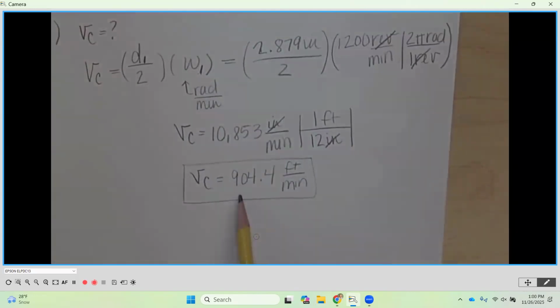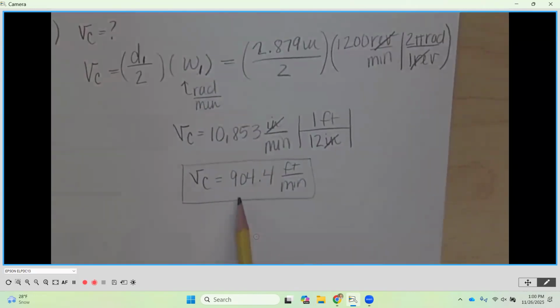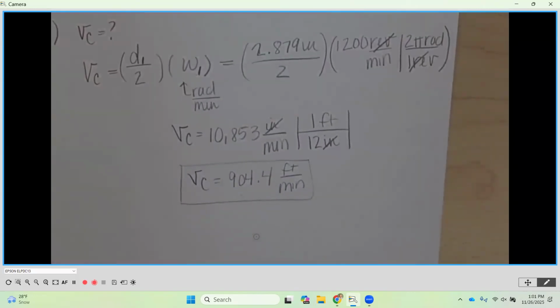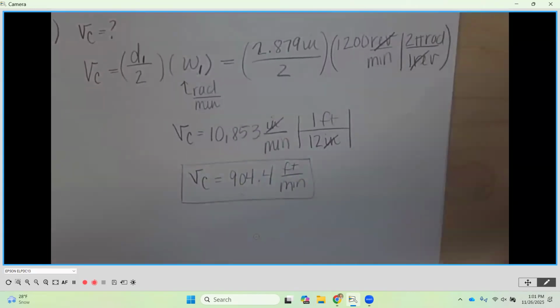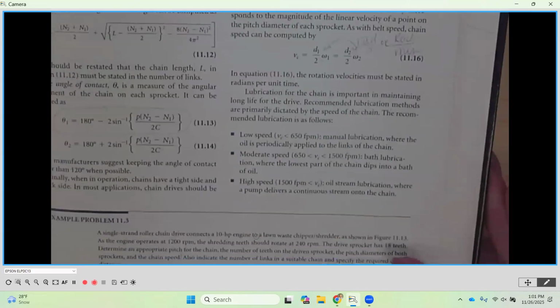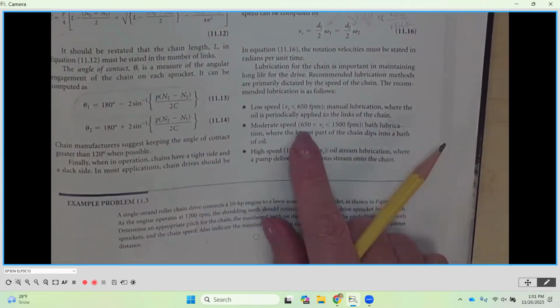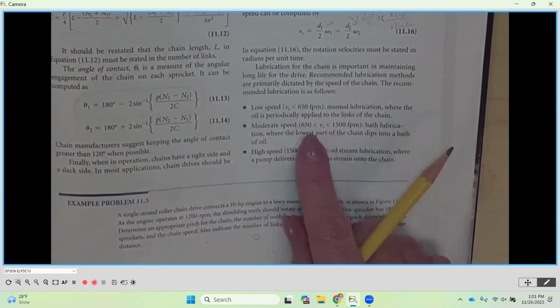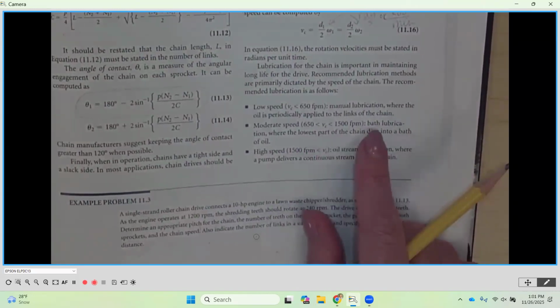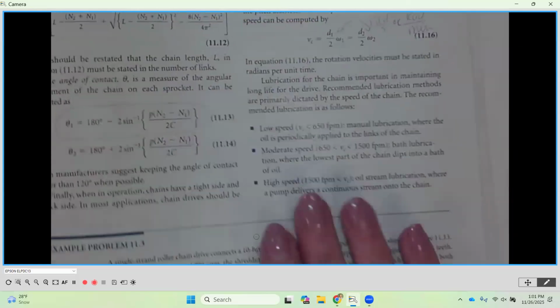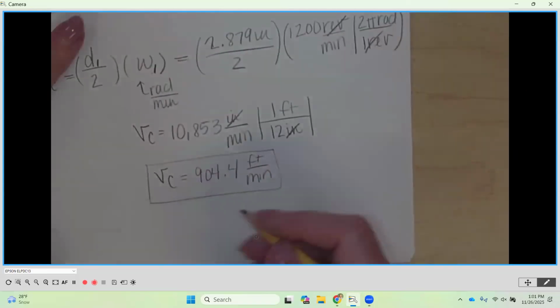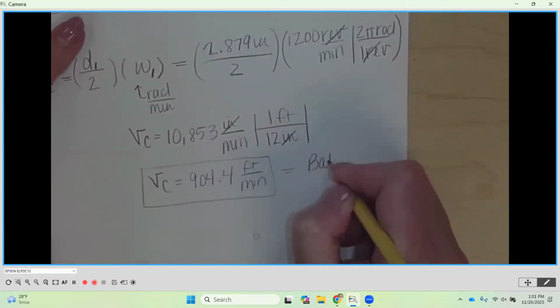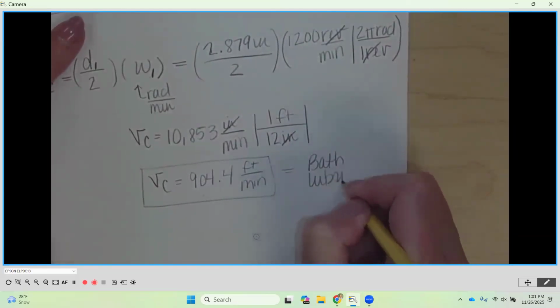Okay. Now we want to look at how fast this is going so that we can determine what type of lubrication we need to design in. So this belt speed, if we look back on page 311 at the bottom of that column, our belt speed is 904, so it's going to be a moderate speed, which means we're going to have bath lubrication.